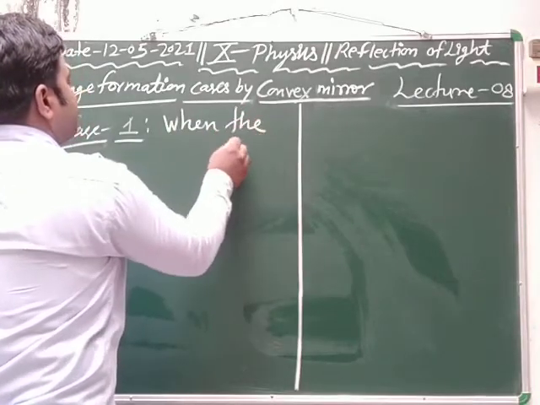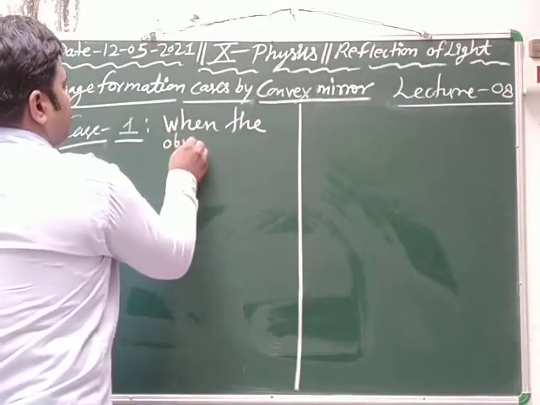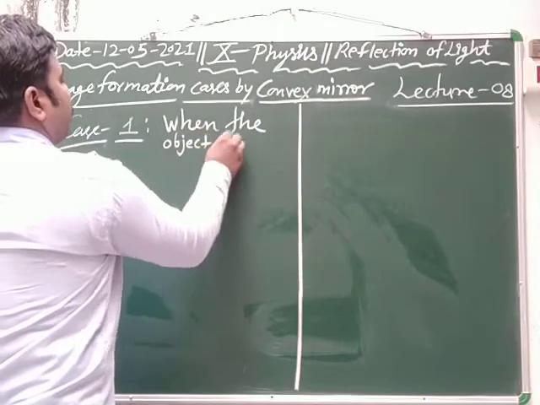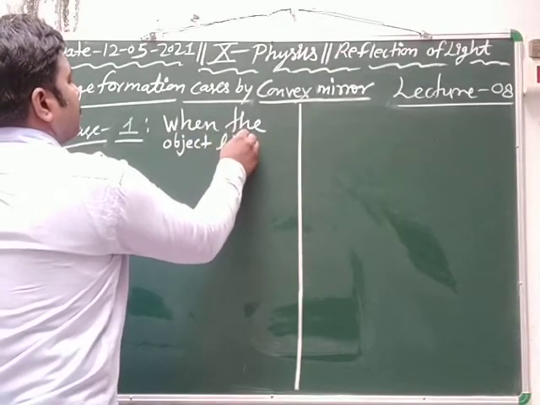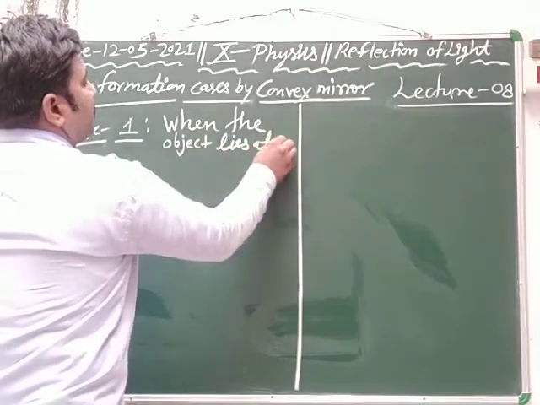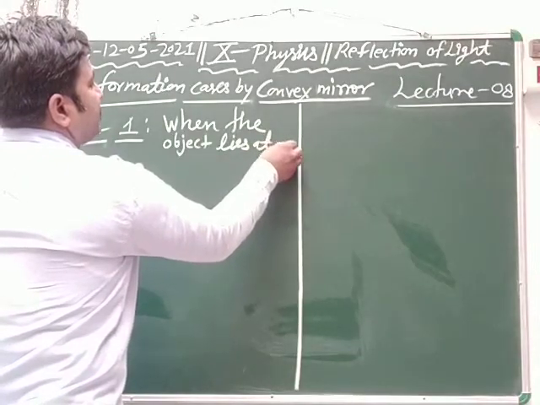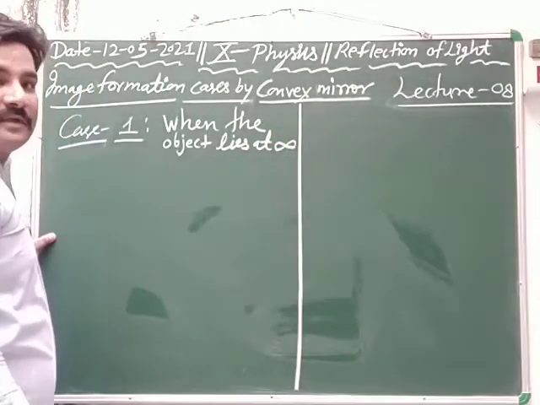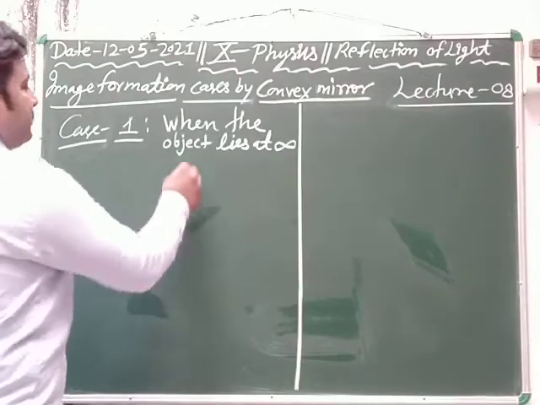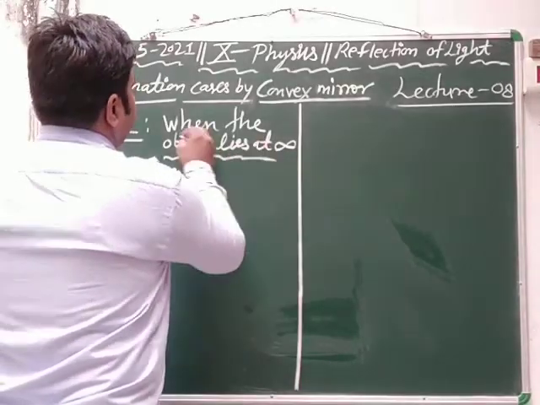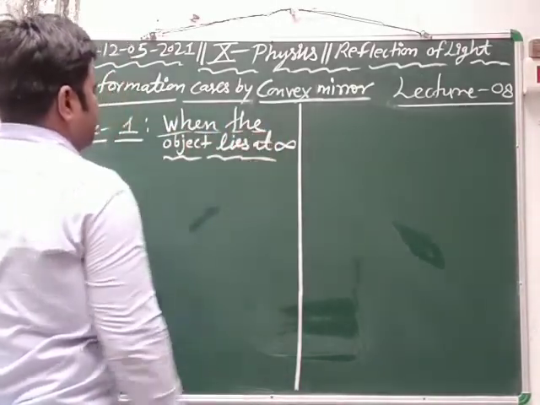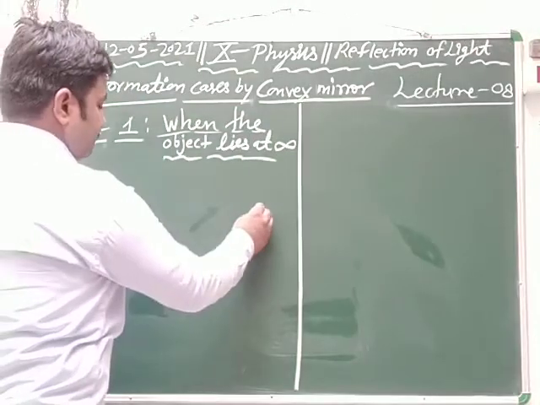When the object is at infinity, this is the symbol for infinity. See in this case what will happen?